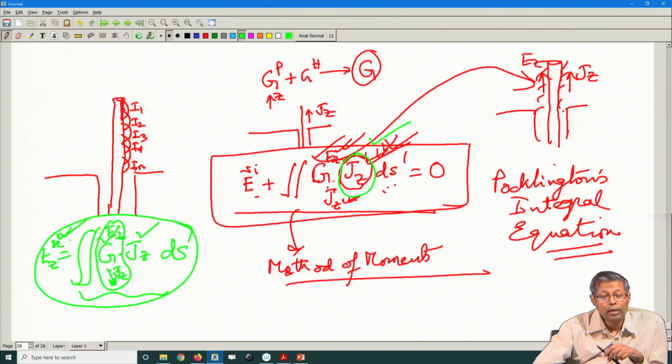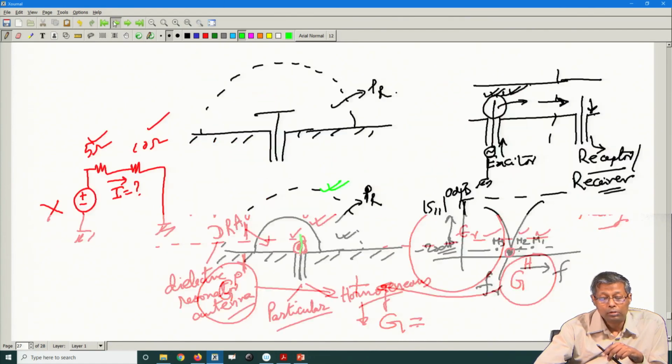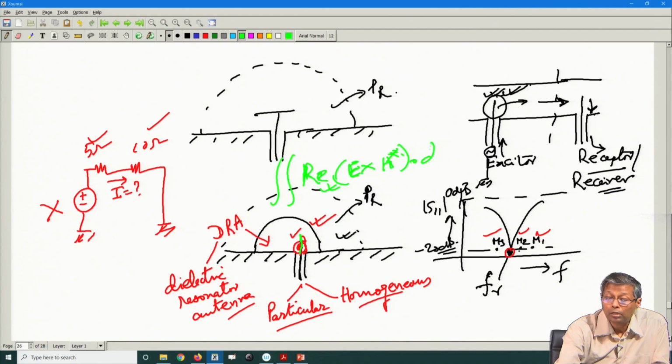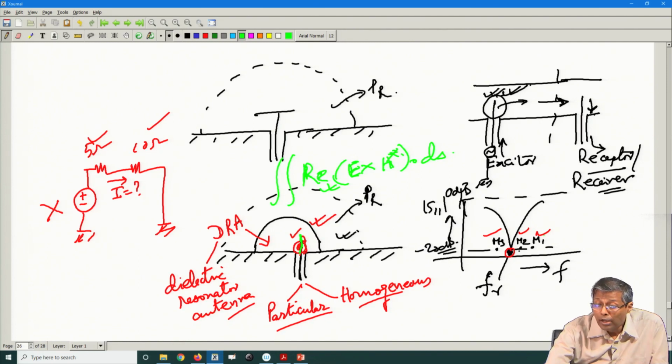And therefore, I can find out E cross H star, or the real part of E cross H star, double integral ds for that particular mode, and thereby I can quantify the power radiated by each of these modes.